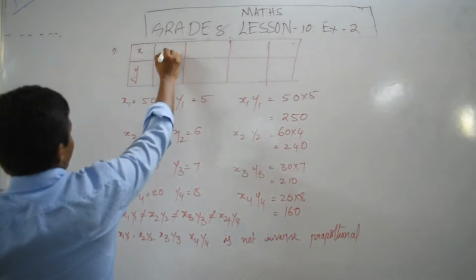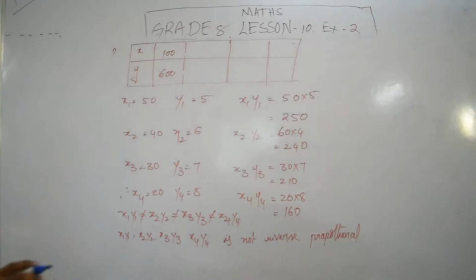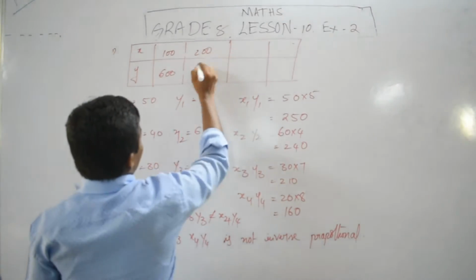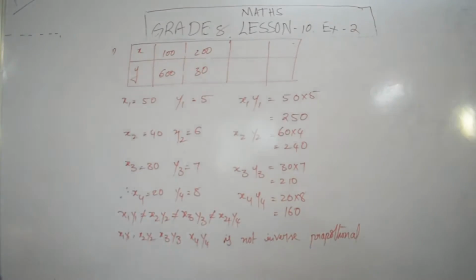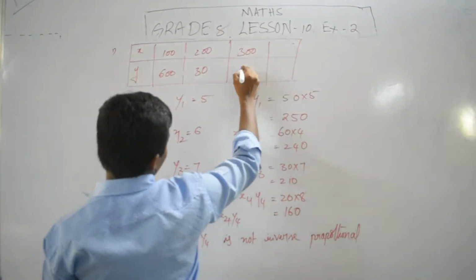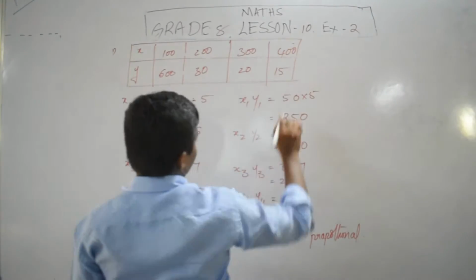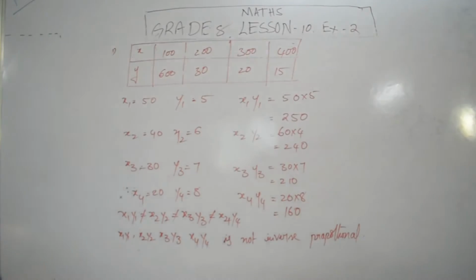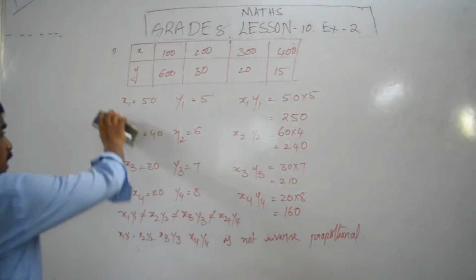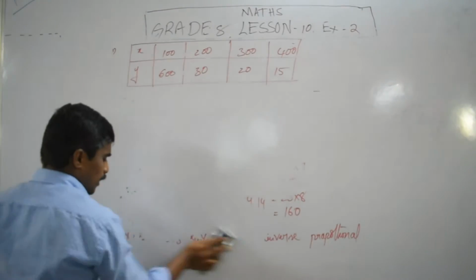Here see 100 and 60. 20 times 10 is 200, 30, 300, 20, 400, 50. So here given x quantity and y quantity, these all we multiply.